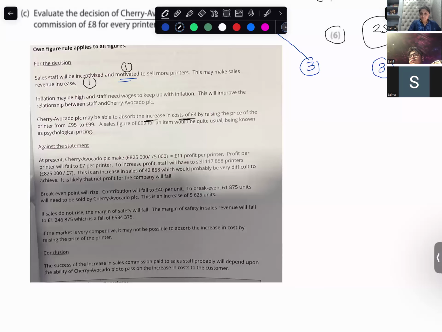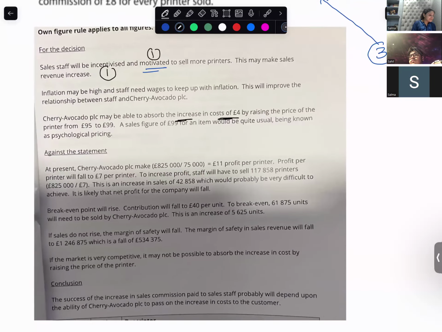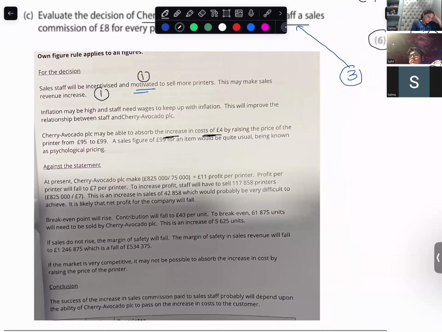If I'm going to give my sales staff £8 commission, what is the negative thing that can happen? Yes, my variable costs will increase, which will affect the profitability. Variable cost will increase by how much, you need to quantify.